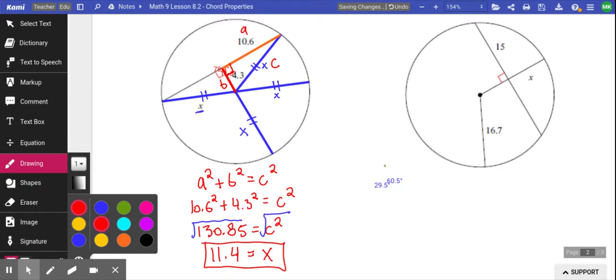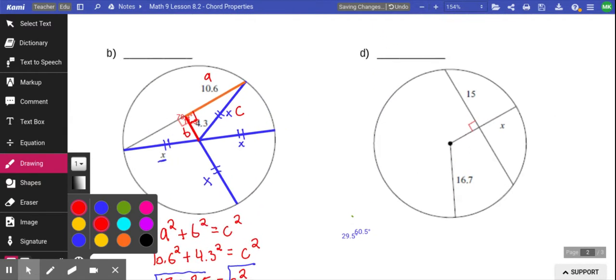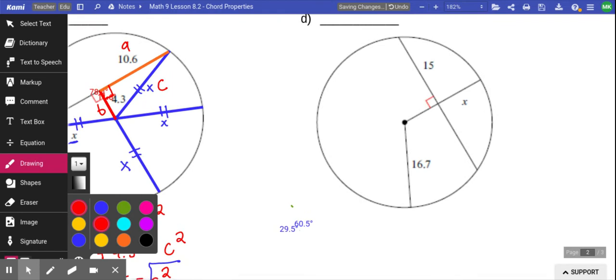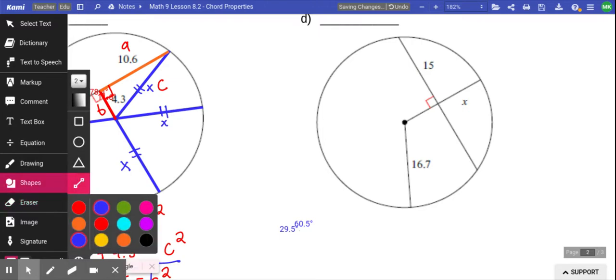Wonderful. Okay, last one over here before we start getting into some word problems. This one's a tricky one. Again, the first thing I like to do is if I know the radius or I know the diameter, then I want to write the radius and I want to write the diameter right away. So if I'm looking at this question, I do know from here to here 16.7.